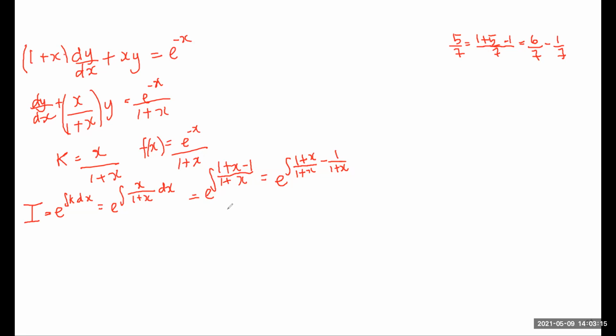What is 5 over 5? Oh, 1 plus x over 1 plus x is 1. Exactly, anything over itself is 1. So write that down. So that becomes e to the integral of. All right, now you can go ahead and integrate that.